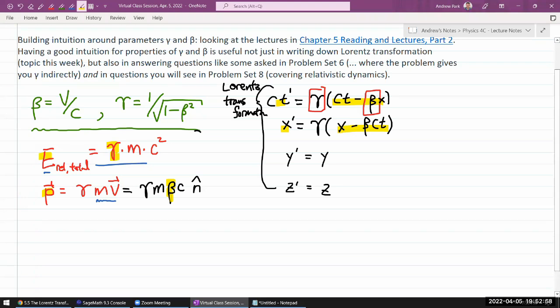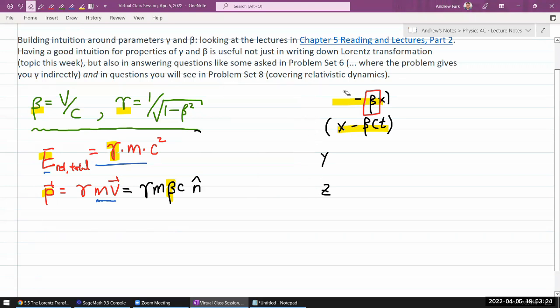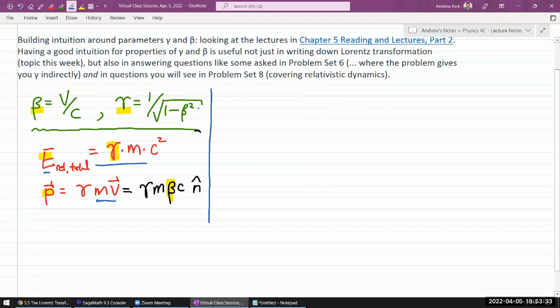I think for the remainder of today, I want you to have some number sense for beta and gamma. When you're trying to get a number sense for these quantities, it's useful to have these three different expressions, which I will numerically plot, so that we can start to gain that number sense. So one quantity is gamma, and we can write it in terms of beta: 1 over the square root of 1 minus beta squared.